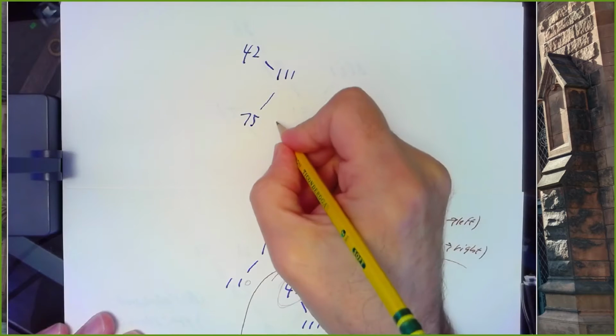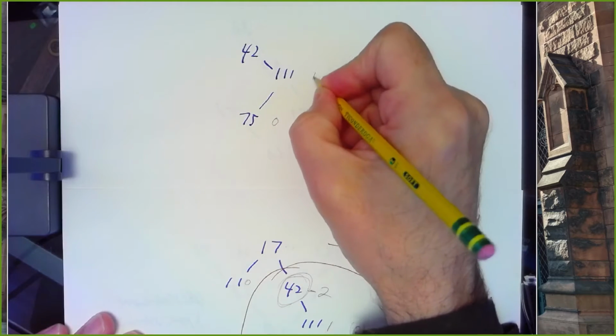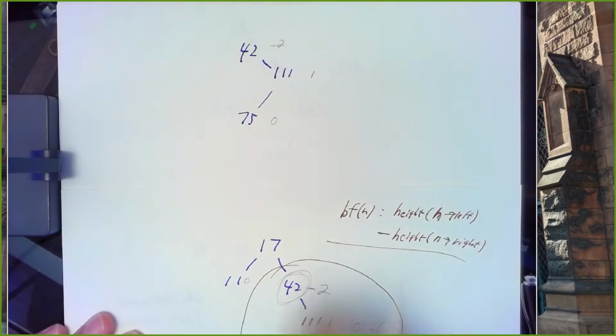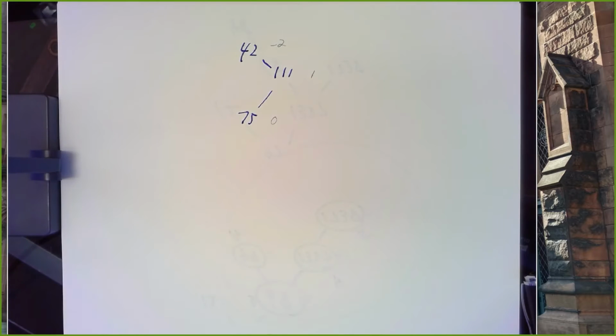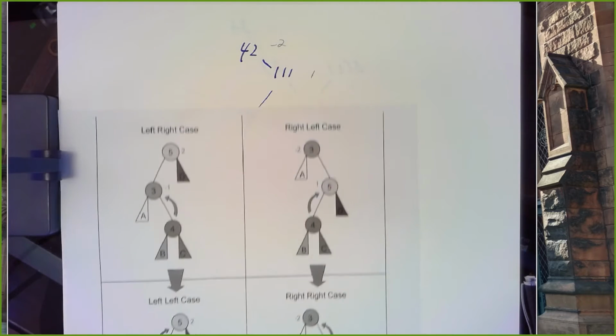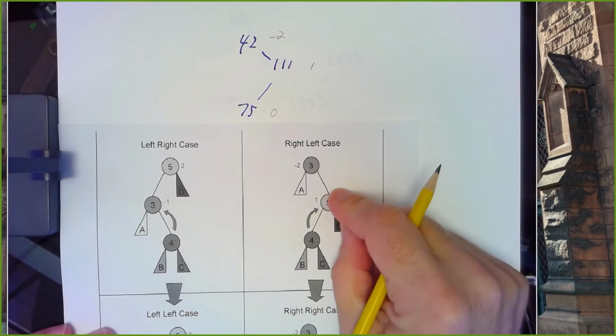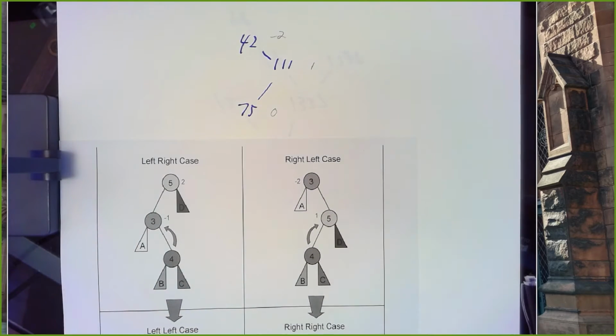This is a balance factor of 0, 1, and -2, and we want to apply this adjustment. So for the right-left case, we want to remap those.